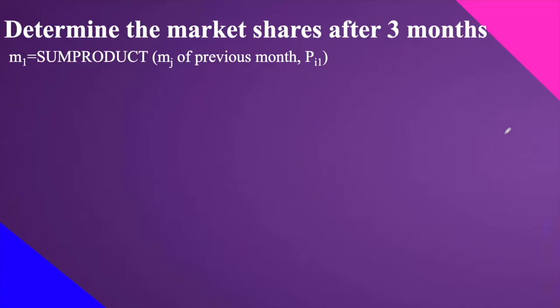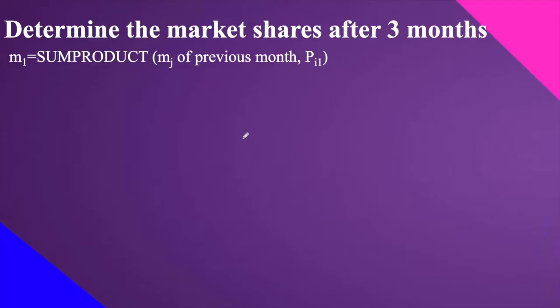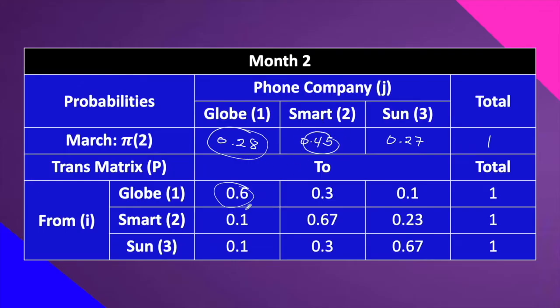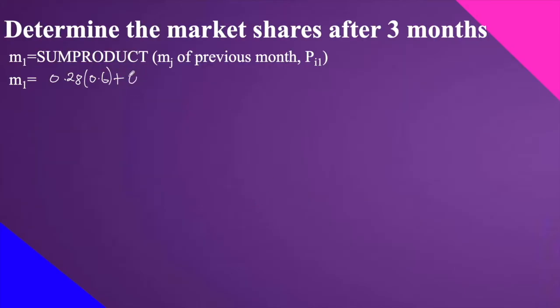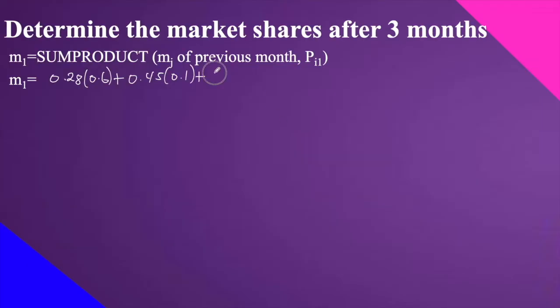So, for the M sub 1, sum product is of M sub J of the previous month, and the P sub I1. Nasaan po P sub I1? Ito, P sub I1, Globe. So, 0.28 times 0.6. So, let's have it here. 0.28 times 0.6 plus, next natin, 0.45 times 0.1 plus, next natin, 0.27 times 0.1.